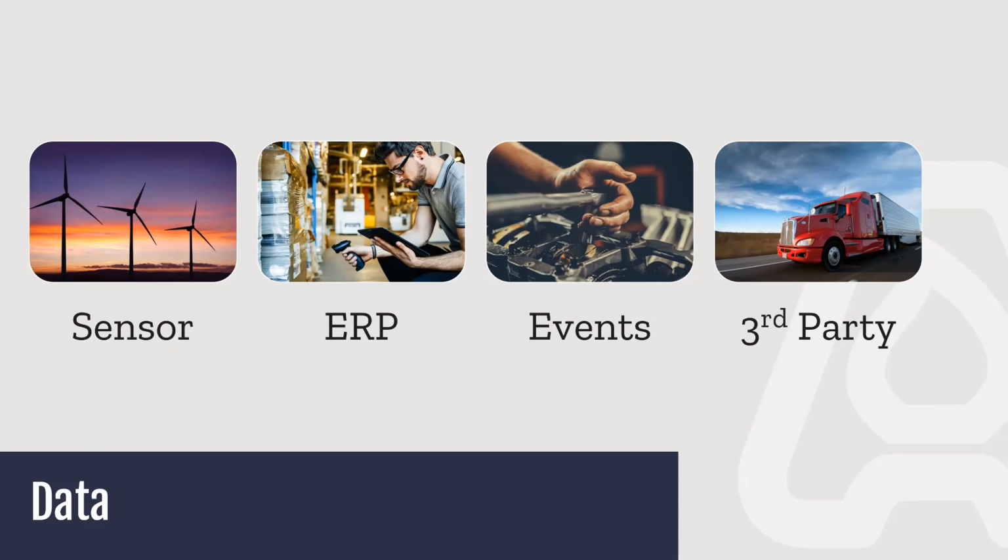Then there's events. So an event might be a breakdown or a repair or an alert, a stop sign or an accident, the kind of things that happen and aren't a continuous thing. Some of these things, like breakdowns, might come through your Internet of Things or a sensor network.